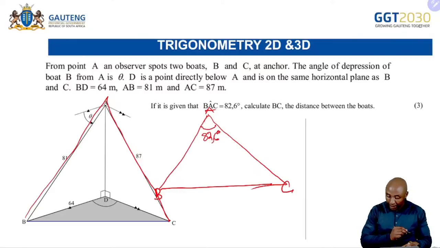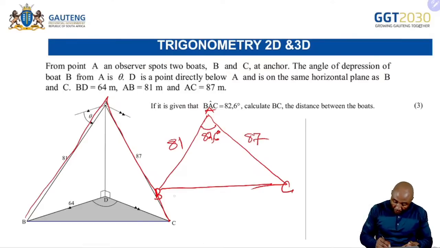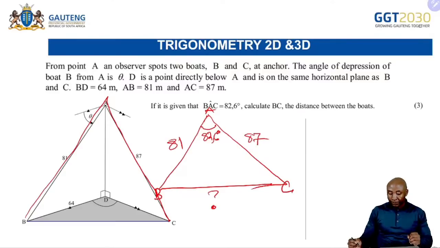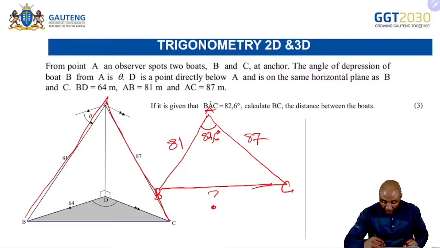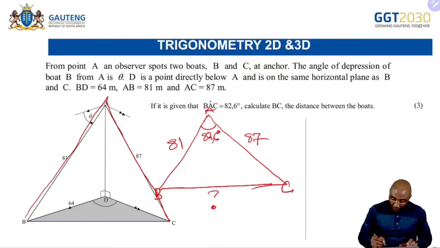You are redrawing the triangle. The length of AB we have, it's 81. The length of AC is 87. We want to find BC. We are given two sides and an included angle. It means cosine rule is going to help us. So rewrite the cosine rule.